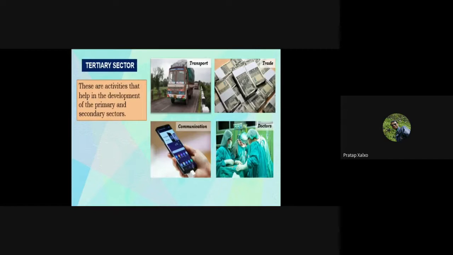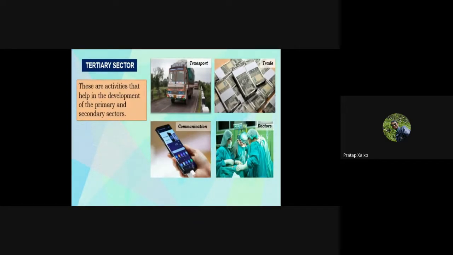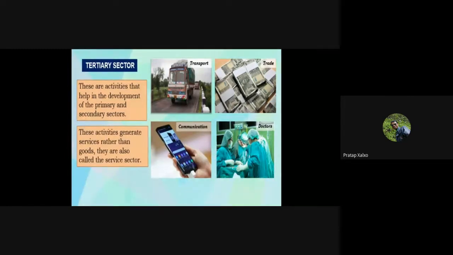Because whether it is in agriculture or industries, they require transport, they require banking, they require communication, and all the people who work here, they require medical facilities, education, and so on. So, these activities generate services rather than goods, and they are also called the service sector.